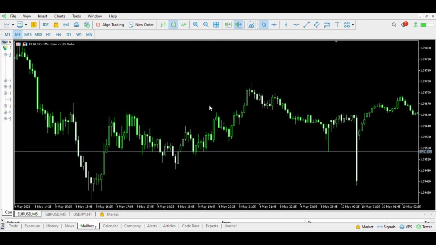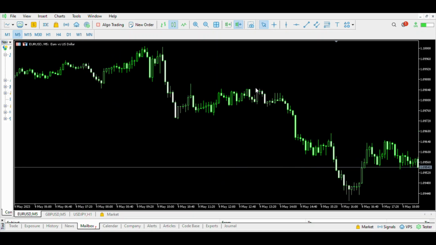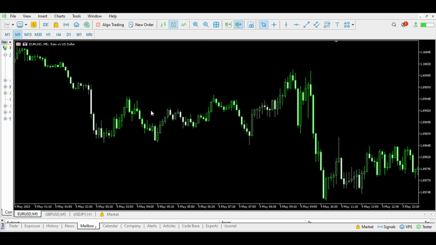So it was yesterday, the 9th. What we've got here is what I thought was a trend. We have the trend here, it pushes up, pulls down, doesn't beat this low here, pushes up again, pulls down, pushes up, just beats this high.